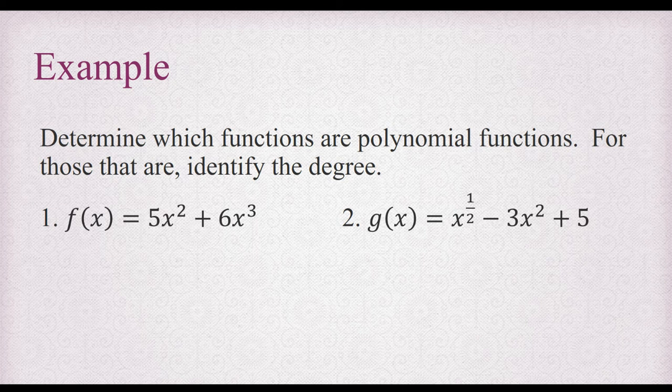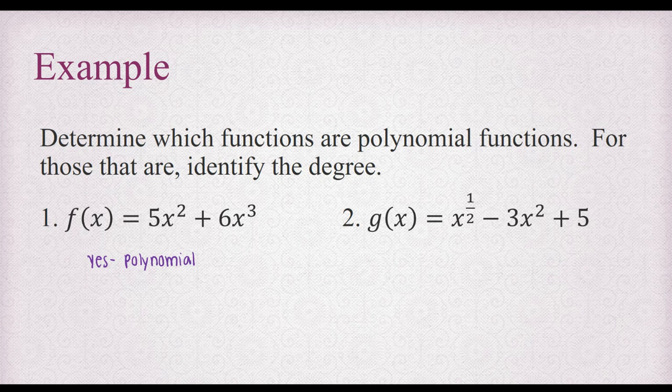In number 1, when we have f of x equals 5x squared plus 6x to the third, it is going to be a polynomial. So yes, this is a polynomial. And the reason is because we are dealing with x's that have positive integers as their exponents, okay?